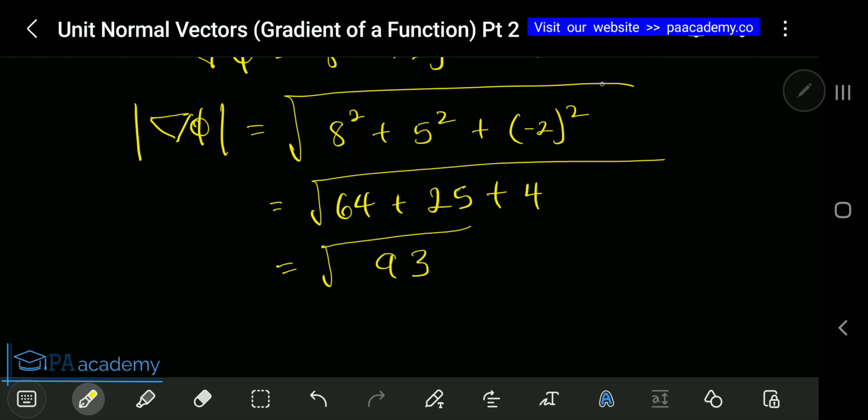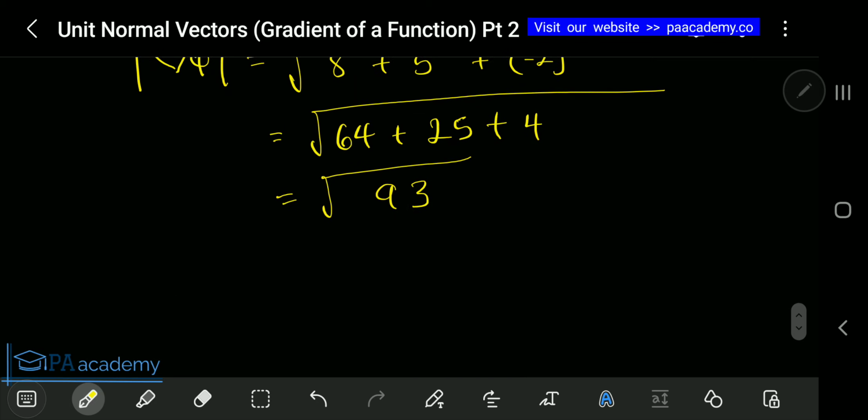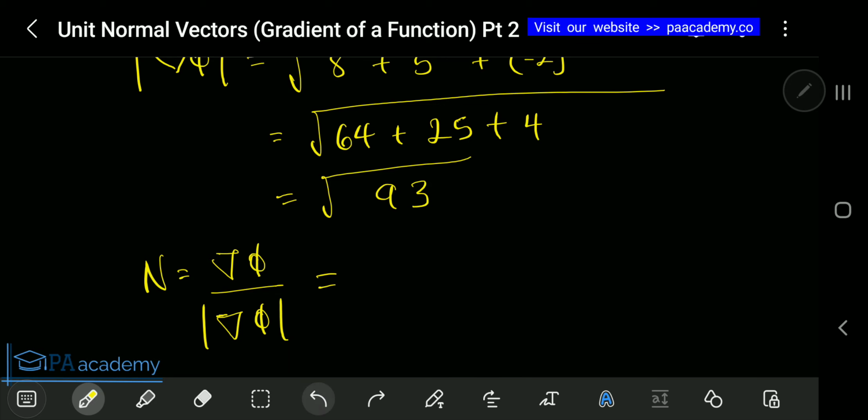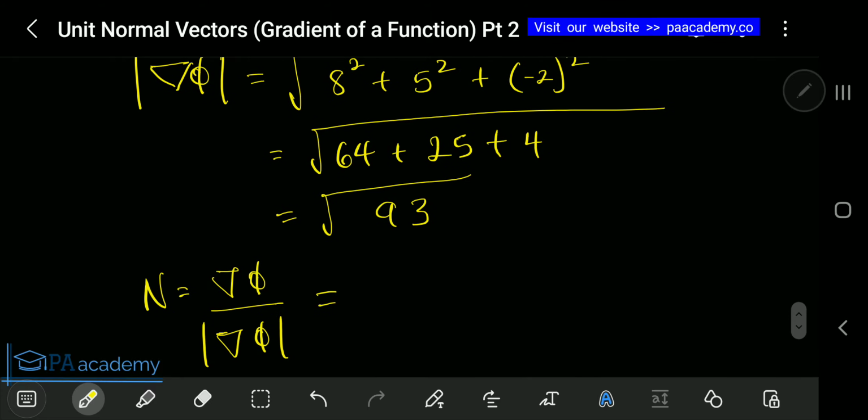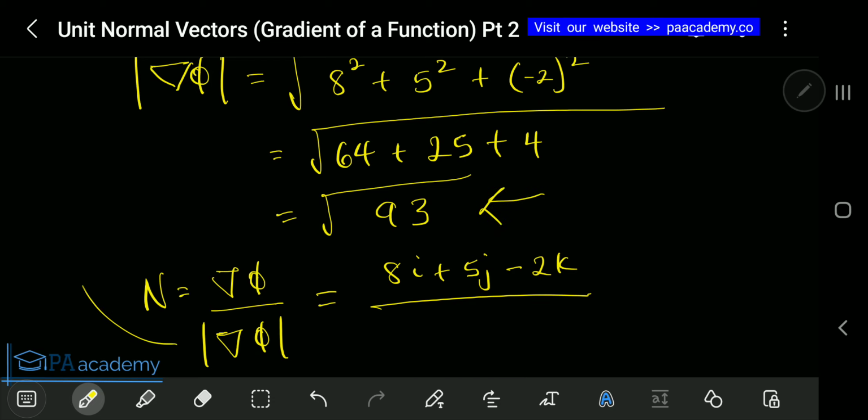Now we can go ahead and write out our unit normal vector. Our n, which is the grad of phi over the magnitude of grad of phi, can now be written as, don't forget we've gotten this value earlier, the first thing we calculated, 8i plus 5j minus 2k, over the magnitude, which is the square root of 93.